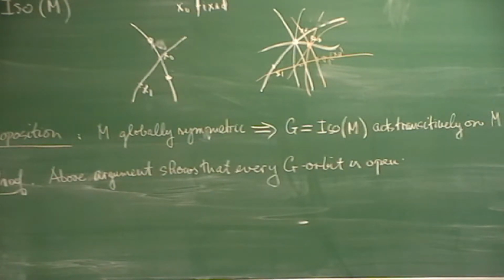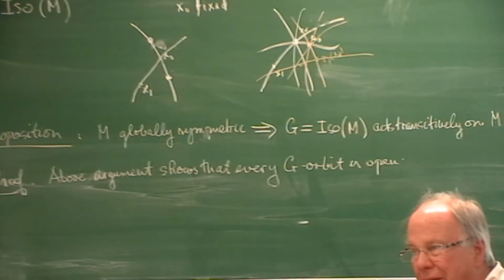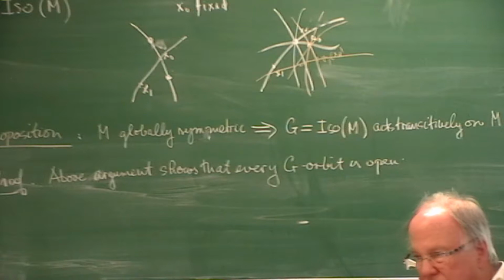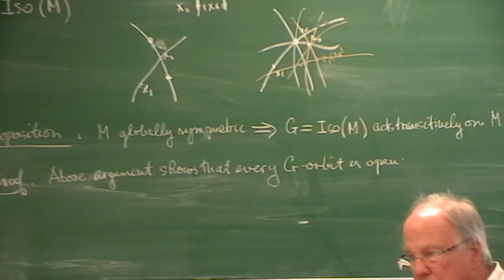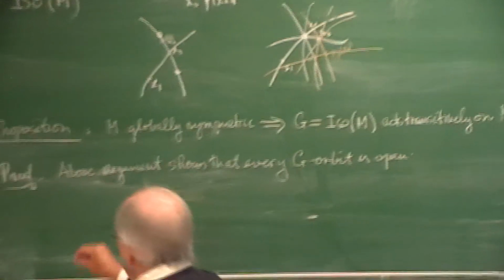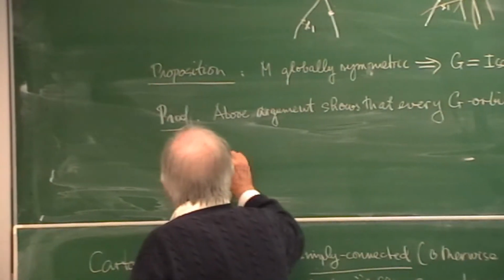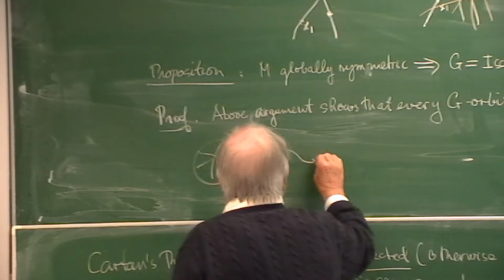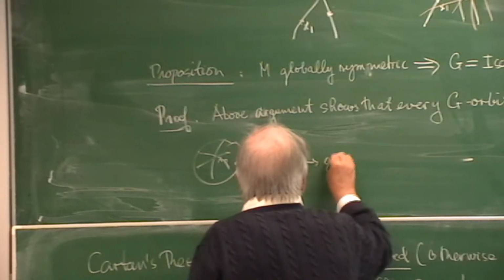Right. But if I have some other point in the orbit, say G of this base point, way far away, right? So here's the local thing, here's x0, and here's everything I get in here. This is good. And now we have another point in the orbit, G of x0.